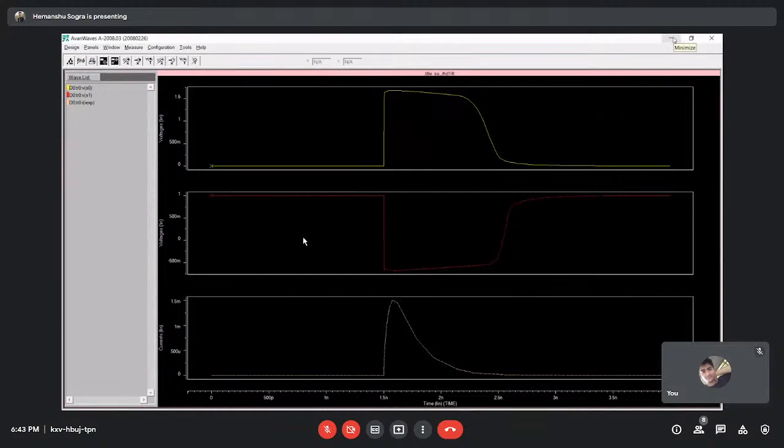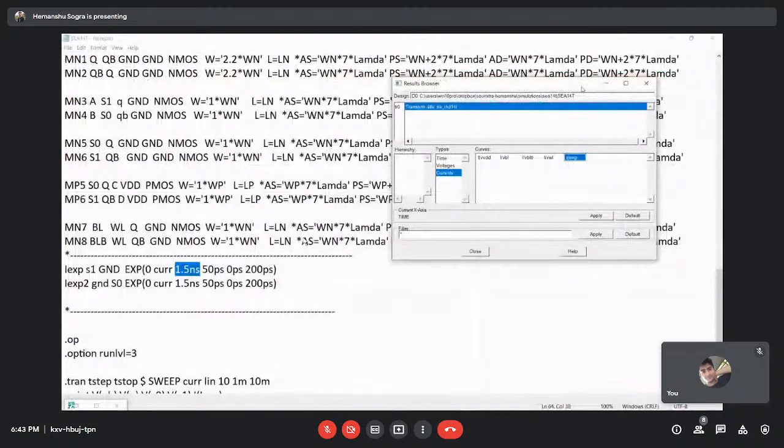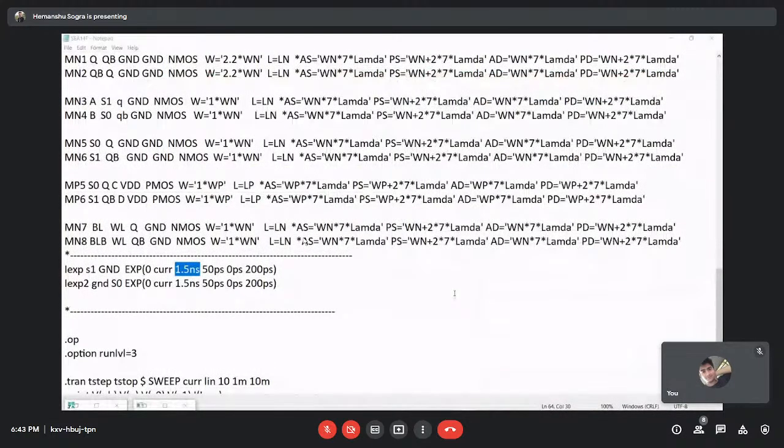If you want, you can measure all the data, the 50 picosecond, 200 picosecond, all those things. And 50 picosecond is the rise time. You are giving from 1.5, and within 50 picosecond it reaches the peak current value.